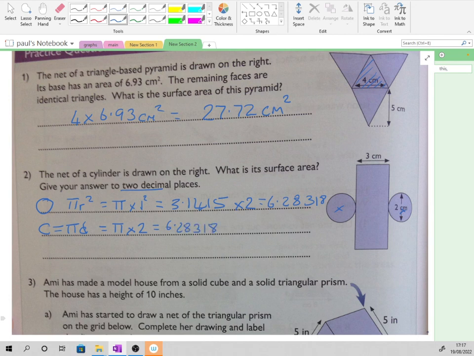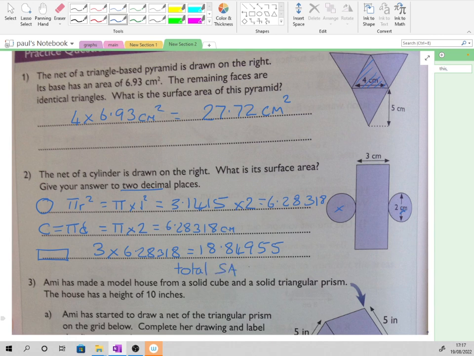Yeah, that's the length of the top. So the rectangle bit is going to be 3 times 6.28318. I already had that on the calculator, which is great, which is 18.84955.